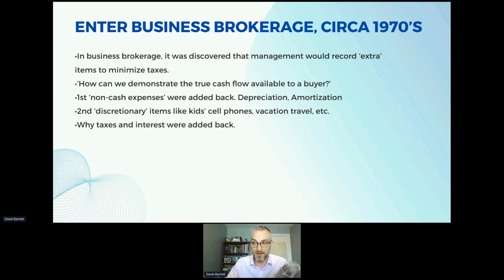But if your business entity is not a pass-through entity, like if you're in the States and it's a C corp, or if you're in Canada with any kind of corporation, whatever you do to increase the expenses of your business, even if you took it out personally and paid yourself a bonus, while you personally may face income tax on that, you've reduced the tax burden in the company. So, in that respect, the tax burden can be manipulated or controlled through management decisions. And so it was added back as well as a discretionary kind of expense.